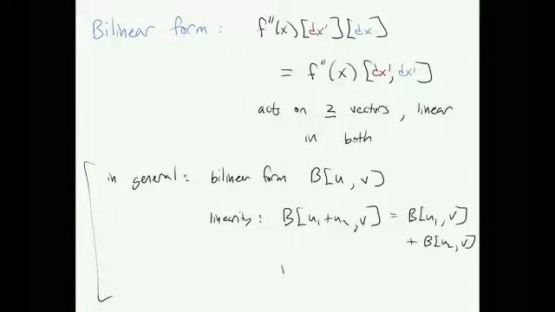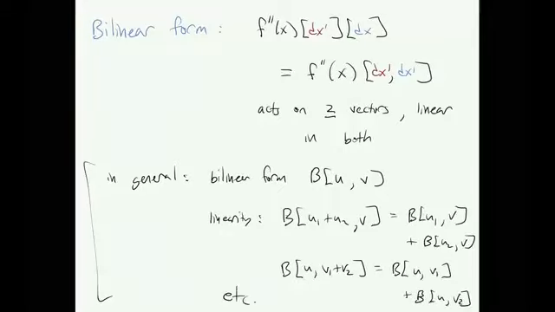But it also has to be linear in the second argument. B of u, v1 plus v2 has to equal B of u, v1 plus B of u, v2, etc. You can also scale and multiply one of the arguments by 2 and so forth.